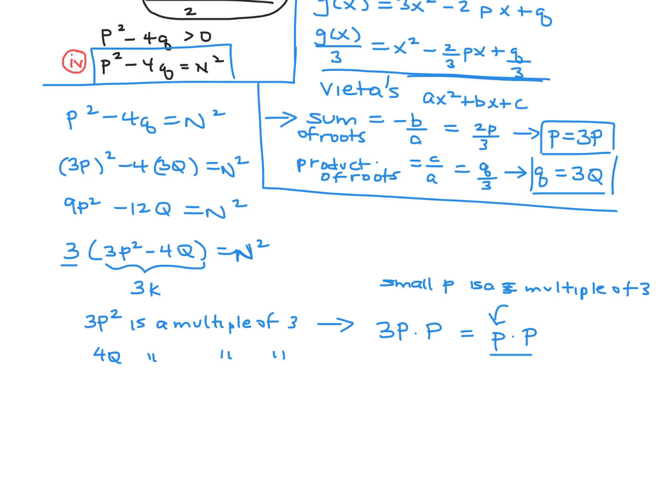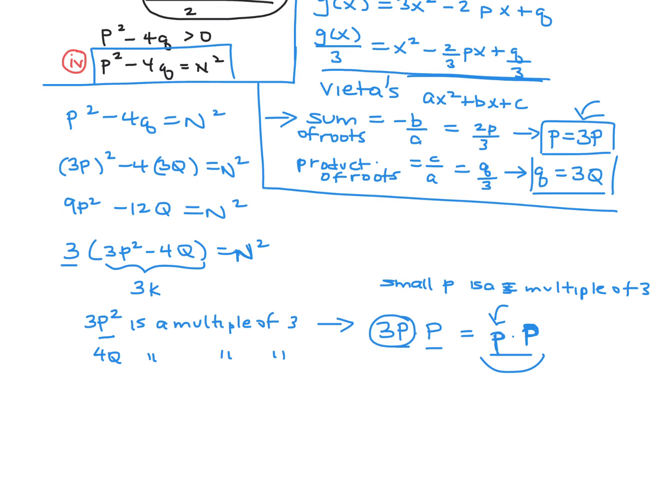And remember, this is the big P, and that's why I broke it up into 2 big P's. And then the 3p here is the equivalent of small p. So this is small p here, and this is the big P. And we're saying that this thing is a multiple of 3.